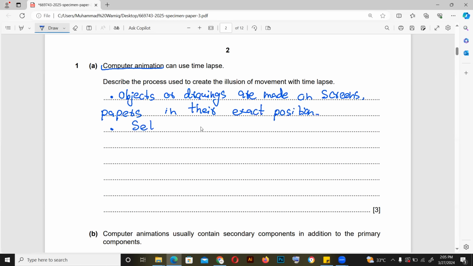Then what we do is that we set up our capture devices so that we can capture their movement. Objects are then moved or improved if needed.